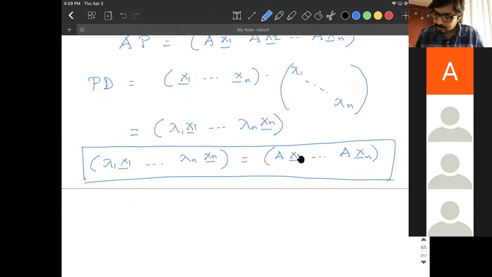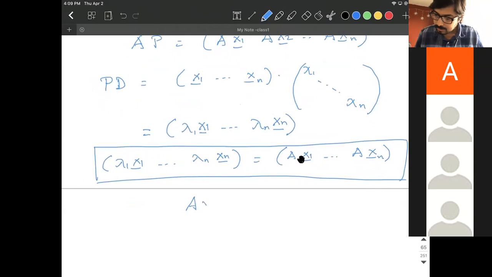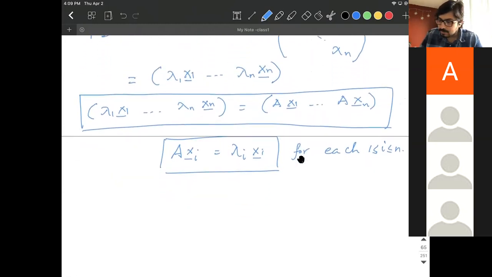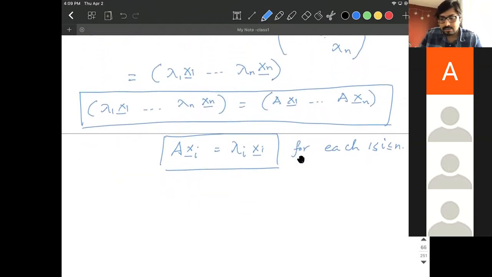What it means is the following: A times xi equals lambda I xi for each I, one between 1 and n. Agree to that? So we have this particular matrix equality. So what does it mean? It means that lambda I is an eigenvalue of A.